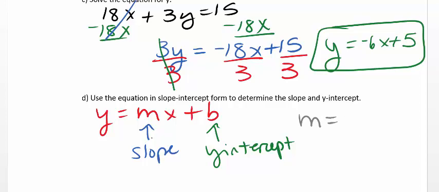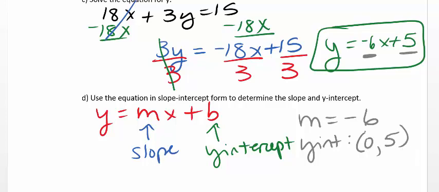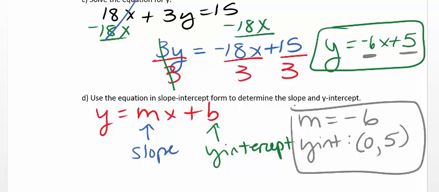The slope is the number in front of x, so right here the number in front of x is negative 6, and the y-intercept always has x equal to 0. We're going to look for b, the constant, which is right here, and that's 5. So our slope is negative 6 and our y-intercept is 0, 5.